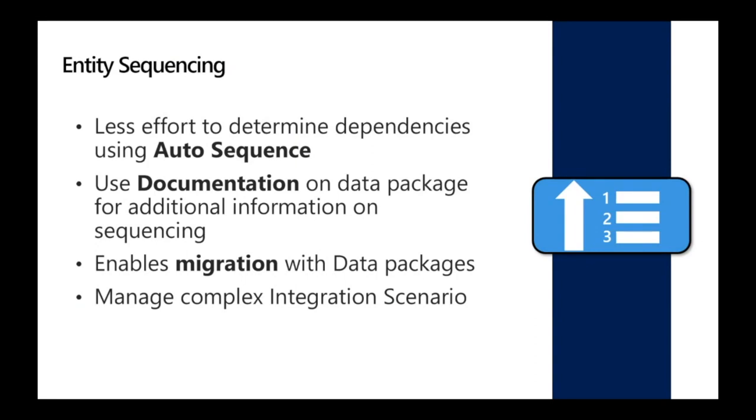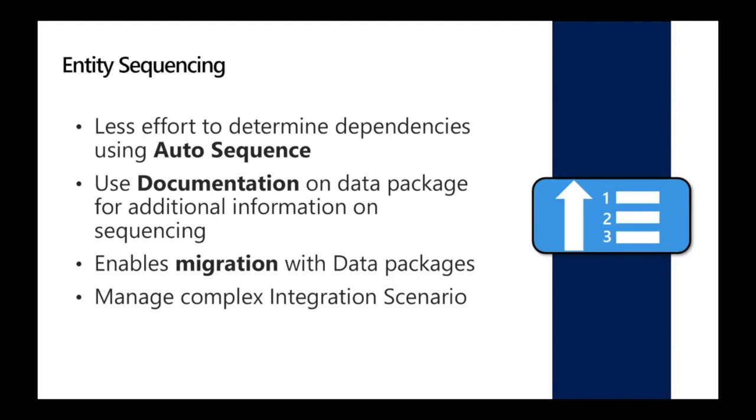We have a lot of entities. Some of the entities depend on data which is in other entities, so it is important that we know what kind of sequence we're going to use. For that, the framework will help us make sure that we can do auto sequences. Also, you will see the way we deliver our templates.